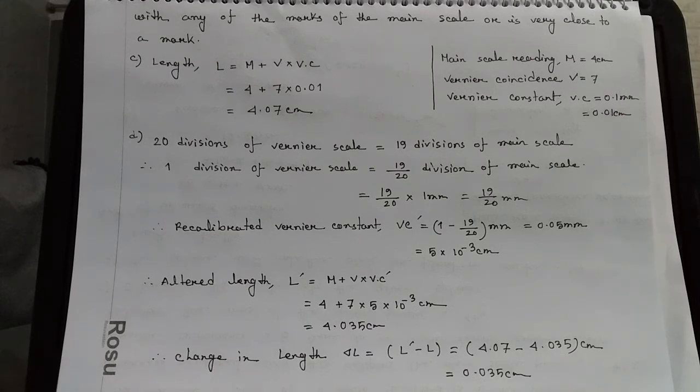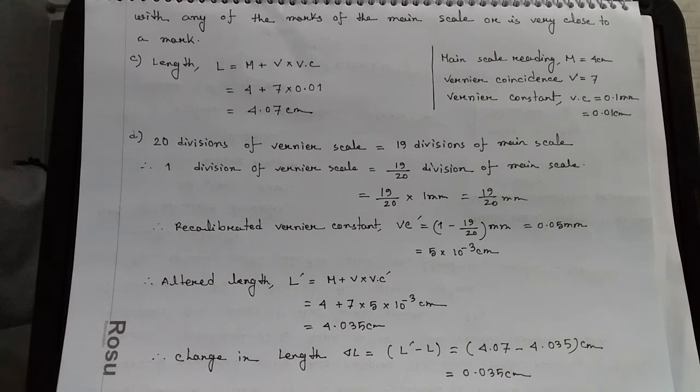That means B equals S divided by N. Using that equation we will get the same result, but we used this process for the recalibrated Vernier constant because in the question it was mentioned that the scale is recalibrated. So we have got the Vernier constant here, and then we can measure the altered length.